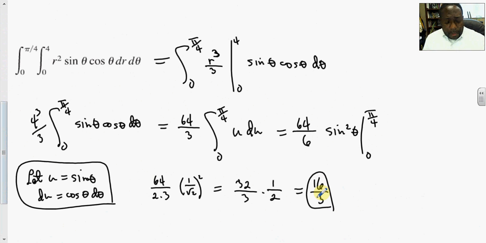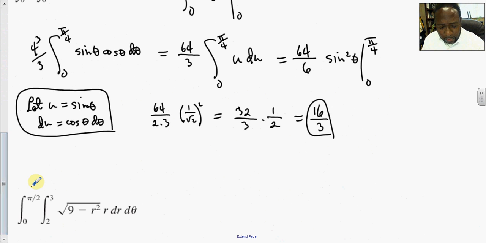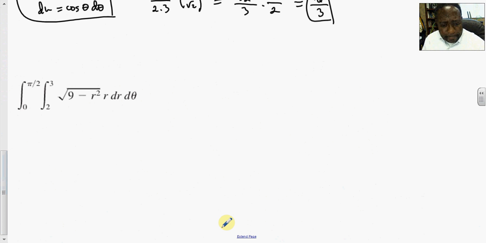Okay, let's look a little bit further. We have to use a u du substitution on this 9 minus r squared and the r out here. So let's see. So let u equal to 9 minus r squared.